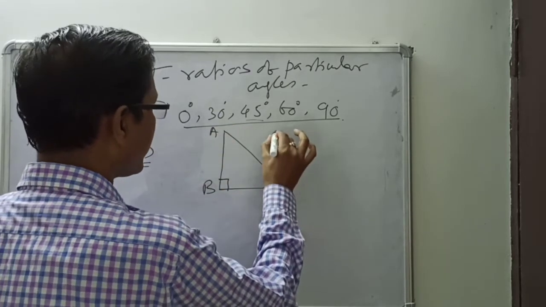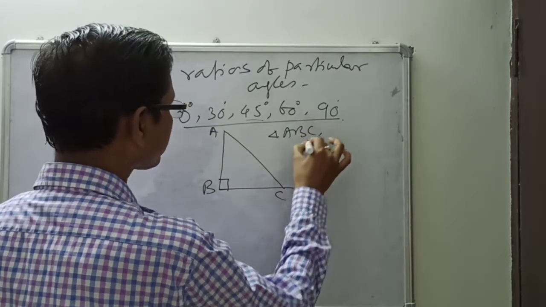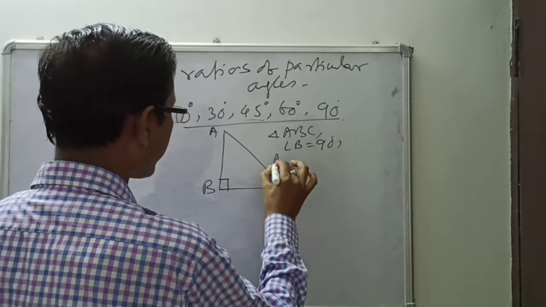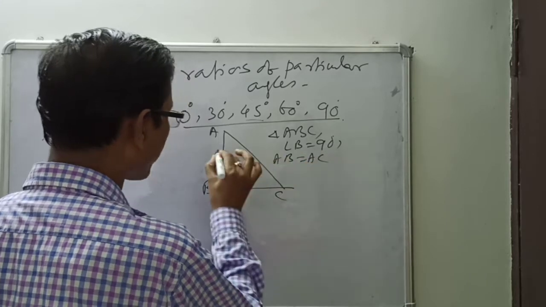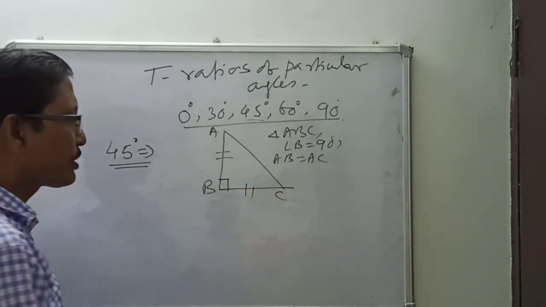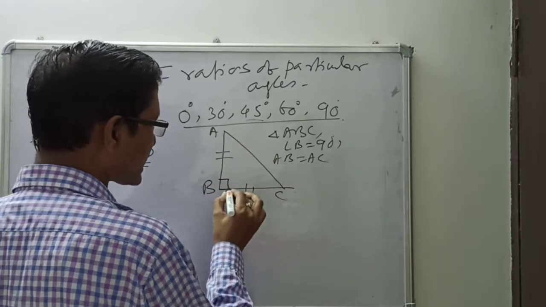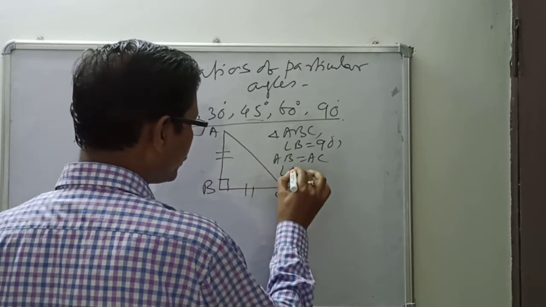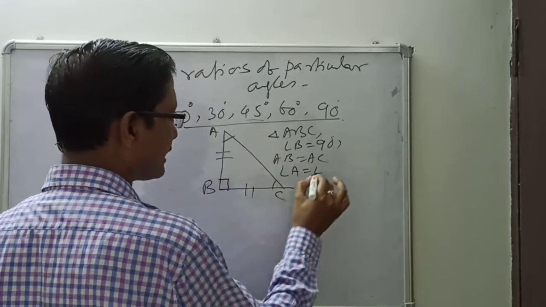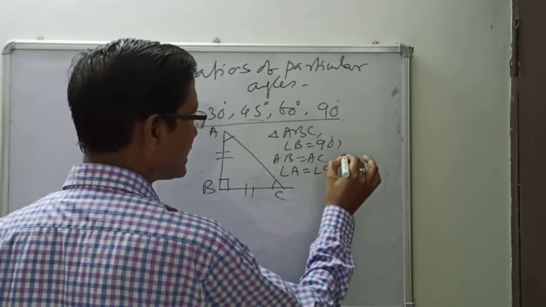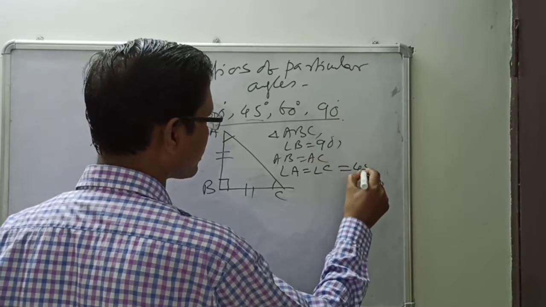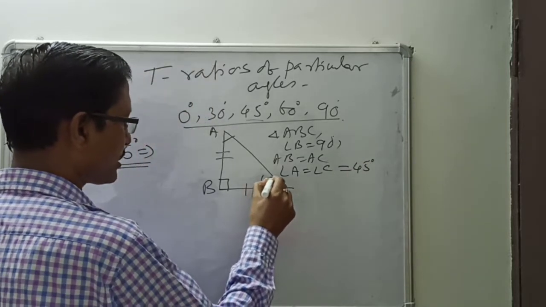In triangle ABC, if angle B equals 90 degree and AB equals BC, these two sides are equal, then what will you get? If the two sides are equal, then you know their opposite angles are also equal. Angle A equals angle C. And since angle B is already 90 degree, the remaining 90 will be 45 degree, 45 degree.